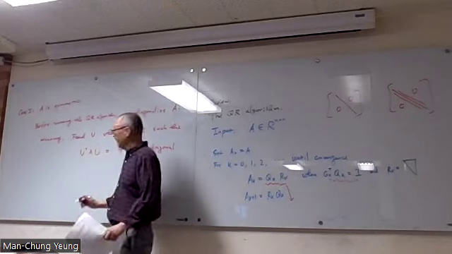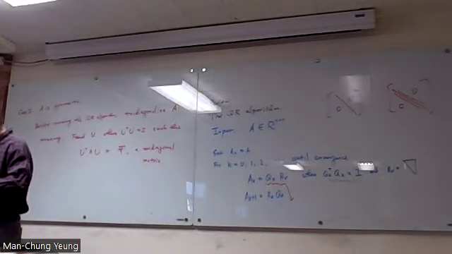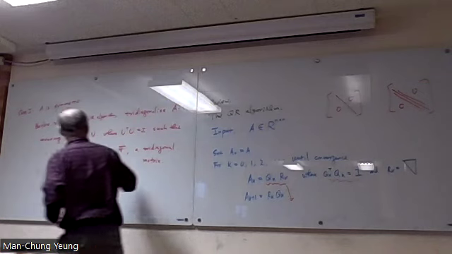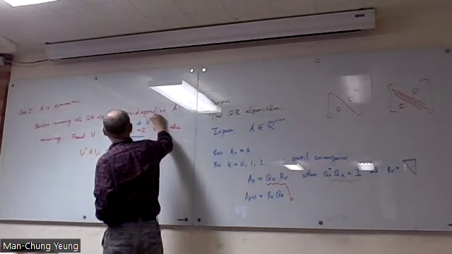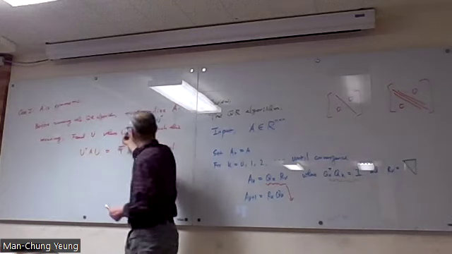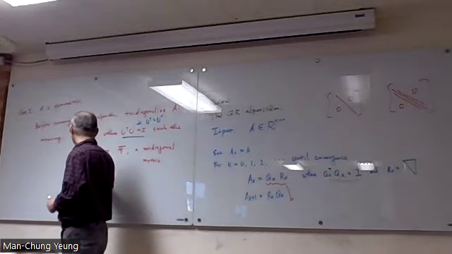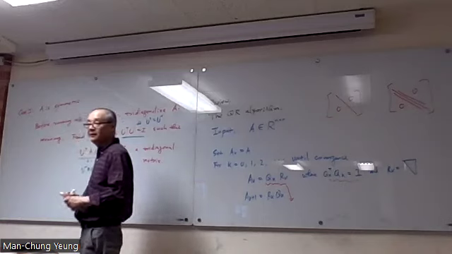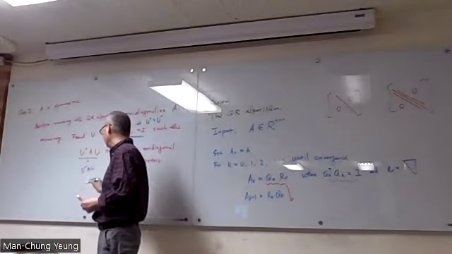Because of this property, U transpose is U inverse. Move U to the right side, so this is U inverse.